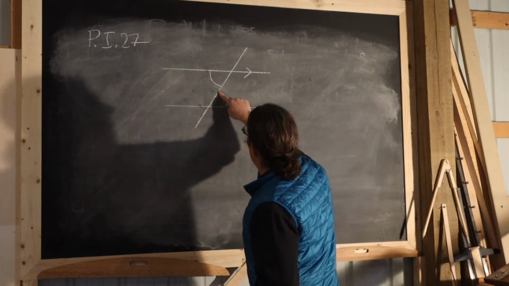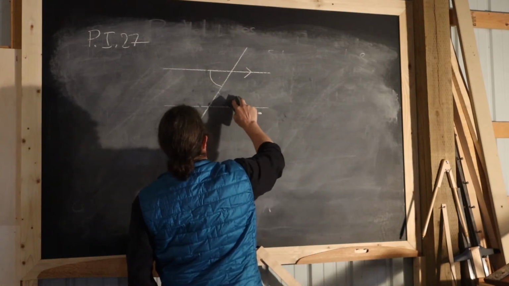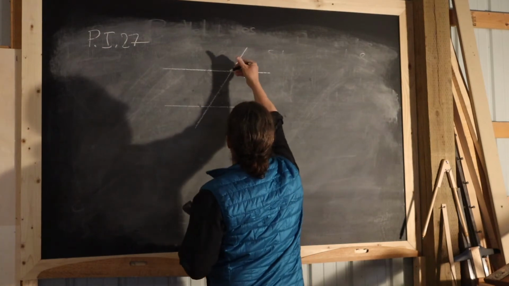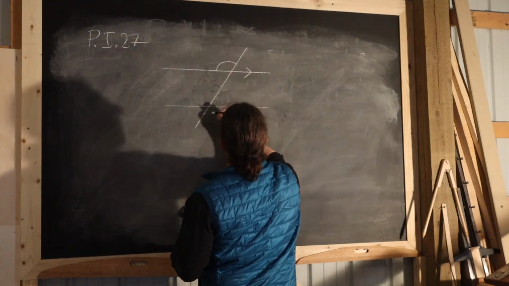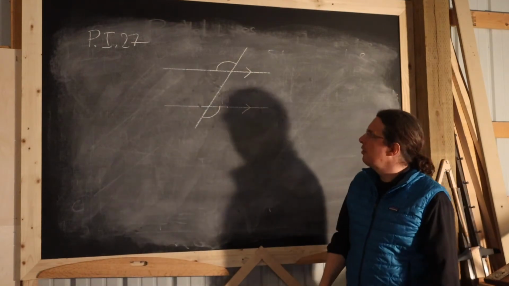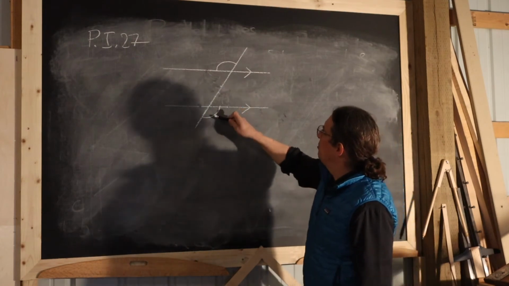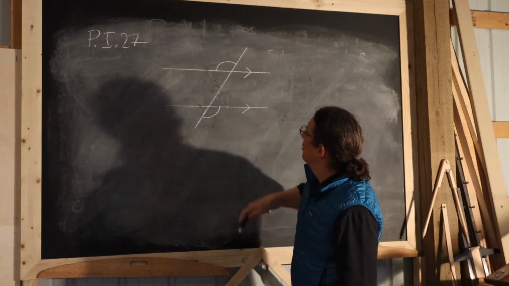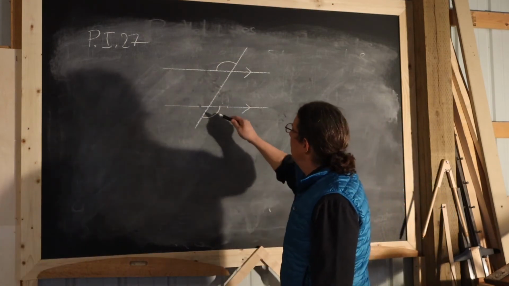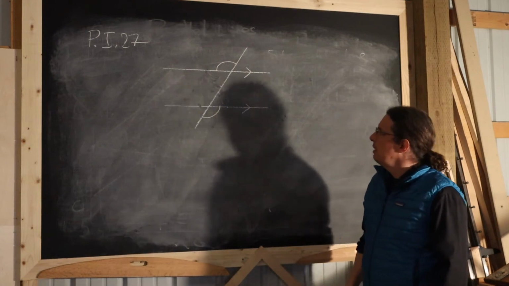Now, they don't have to be alternate interior angles that are equal. Those are alternate exterior angles. If you were able to demonstrate that those were equal, so they're alternate because they're on two different lines, and they are on opposite sides of the traversal.